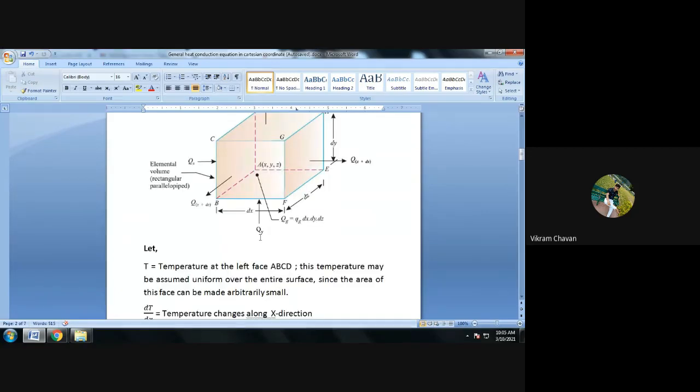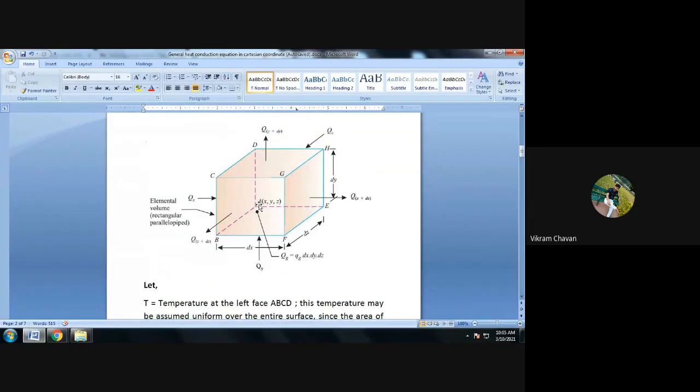Getting everyone? Now further, we have considered that T is the temperature of the ABCD face. This is the ABCD face, and the temperature of this face is T degree Celsius, uniform on this particular face.